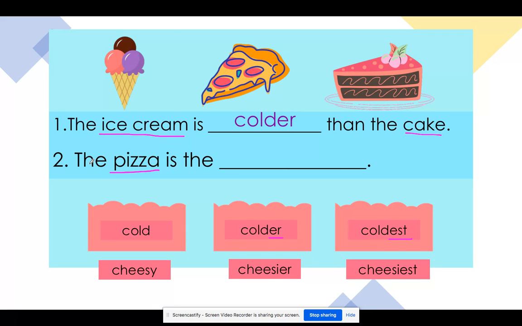Should it be the pizza is the cheesy, the pizza is the cheesier, or the pizza is the cheesiest? Think about it. If I'm comparing three items, I need to add, shout out your answer, it should be cheesiest. I'm going to add the est to the end of our word. The pizza is the cheesiest.